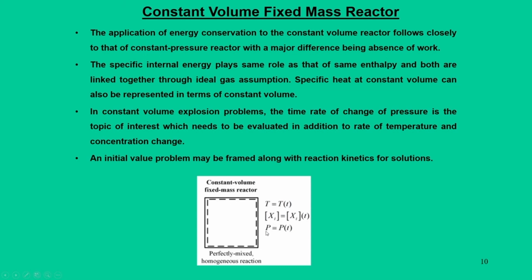At the same time, we also look at how pressure within the container changes with time. The only difference between the constant volume and constant pressure reactor is that the constant volume reactor follows closely the constant pressure one, but with the absence of work, because there is no PdV work involved here.